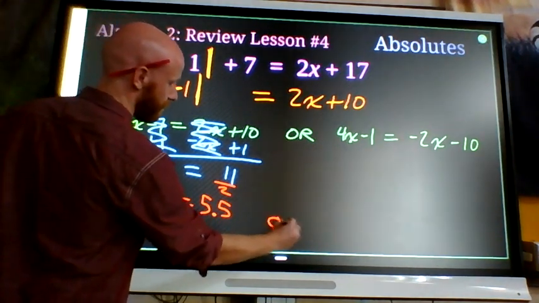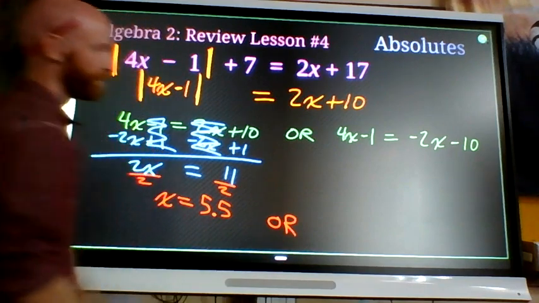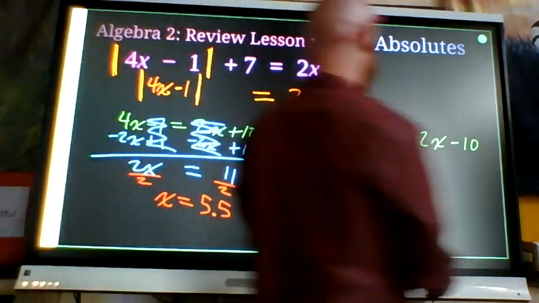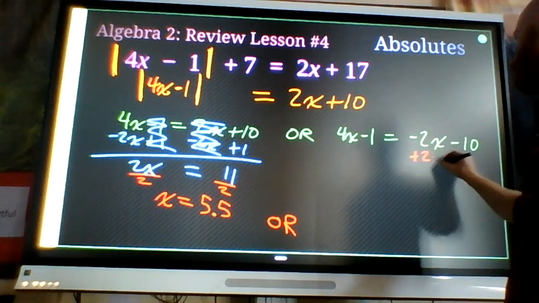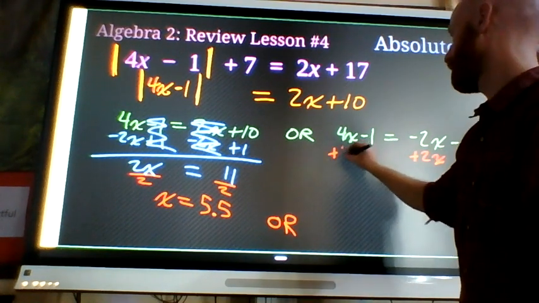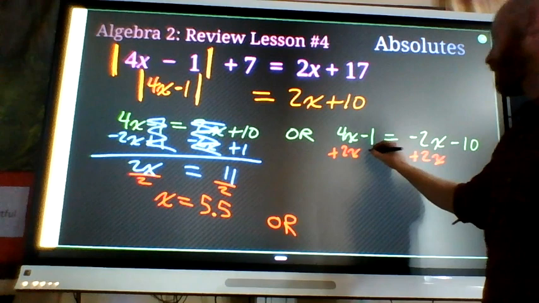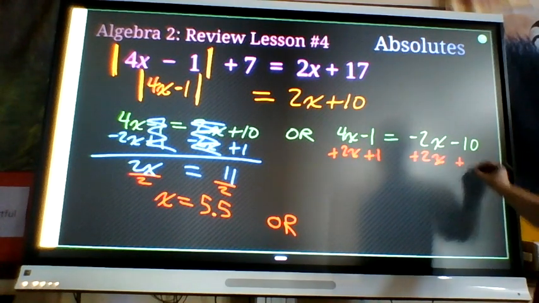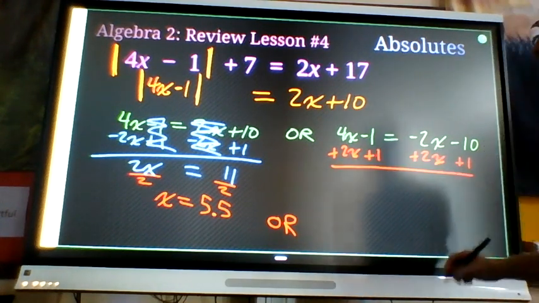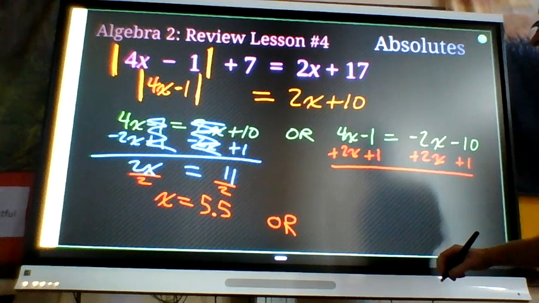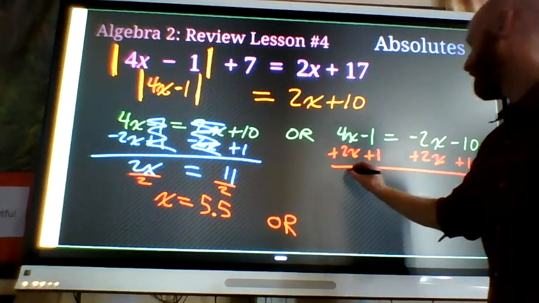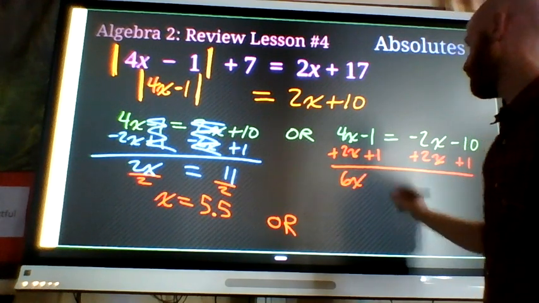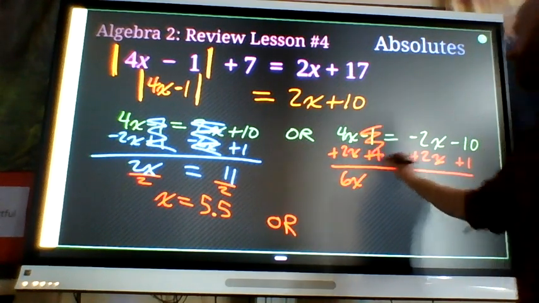Or, looking over here, add 2x to both sides. Add 1 to both sides. And we'll have 6x's. These cancel.